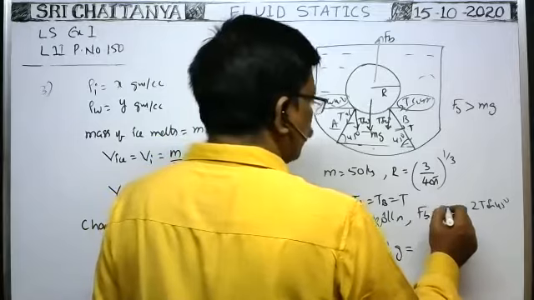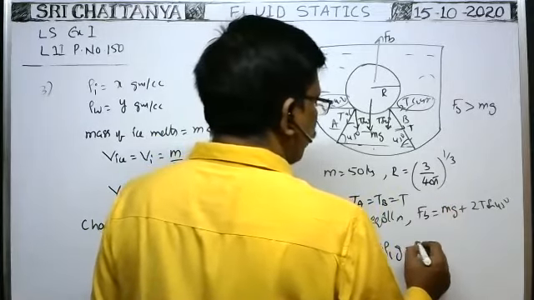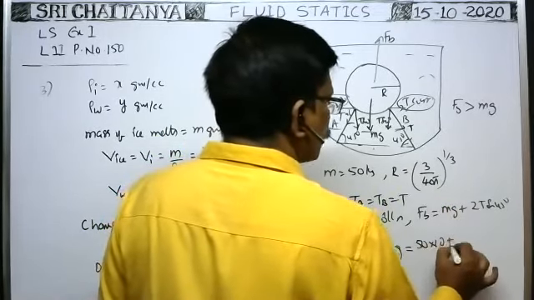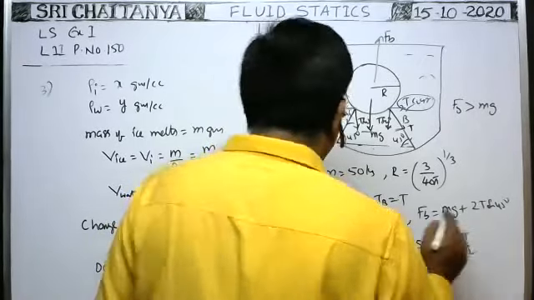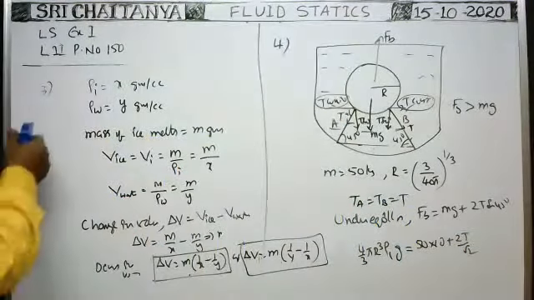It is the buoyant force. Then the mass is directly given, we can substitute directly 50 into g, 10, plus 2T by root 2. We can write. Now we simplify them.